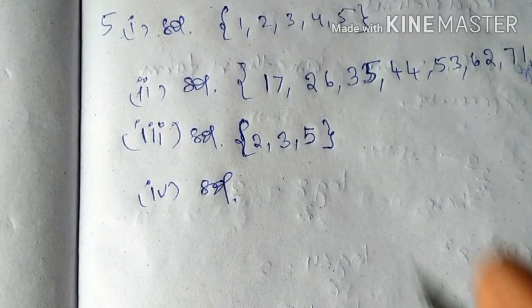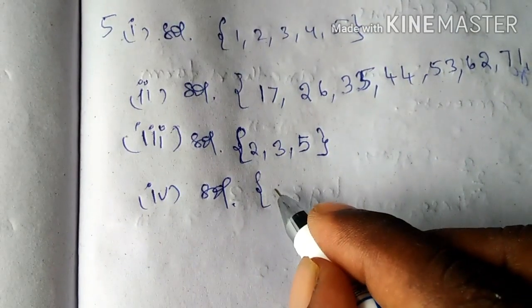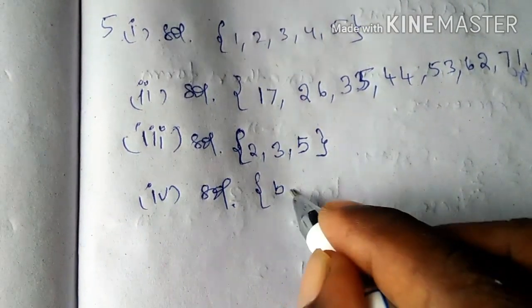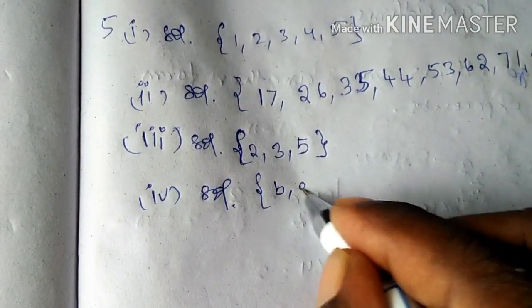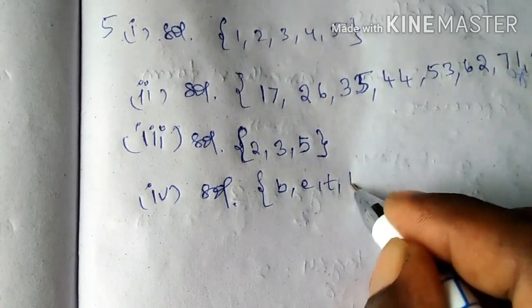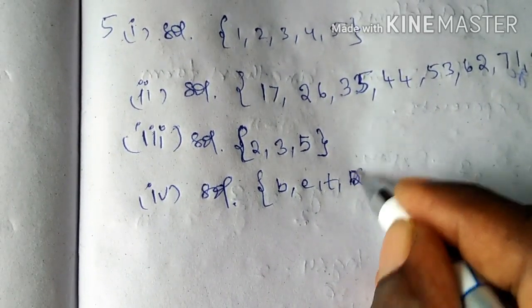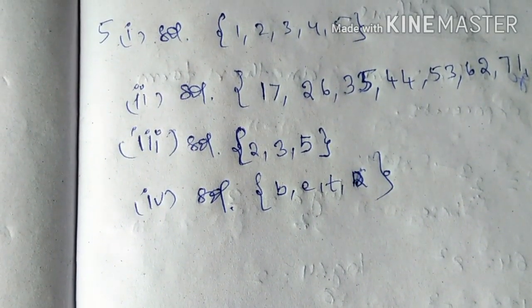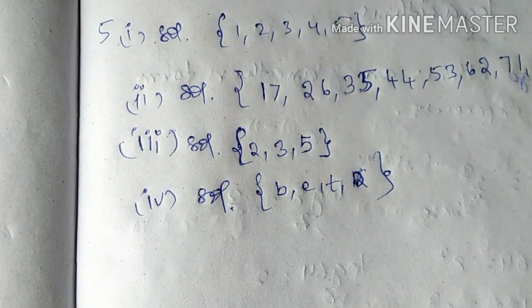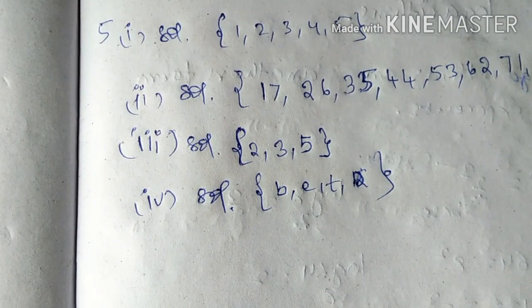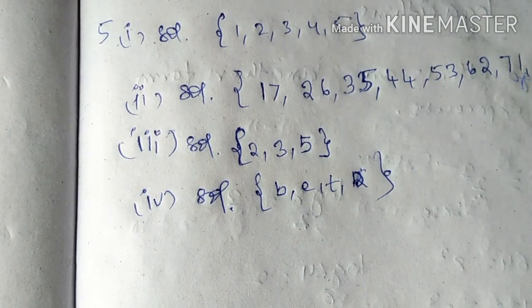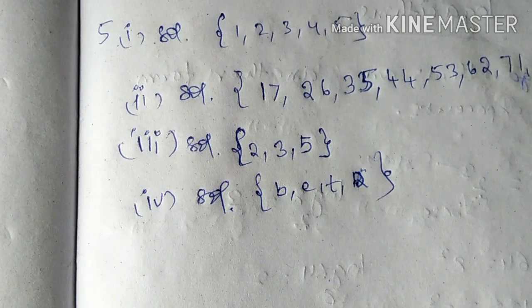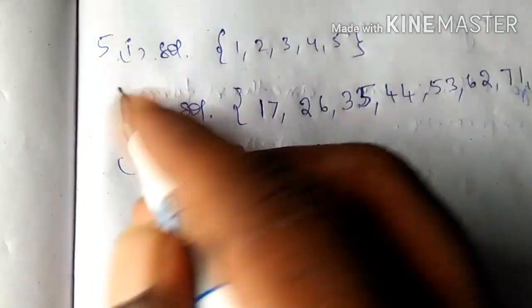Fourth solution. b, e, t and r. So these are the letters present in the set E. So you can write E is equal to that. The first one is set B, no?